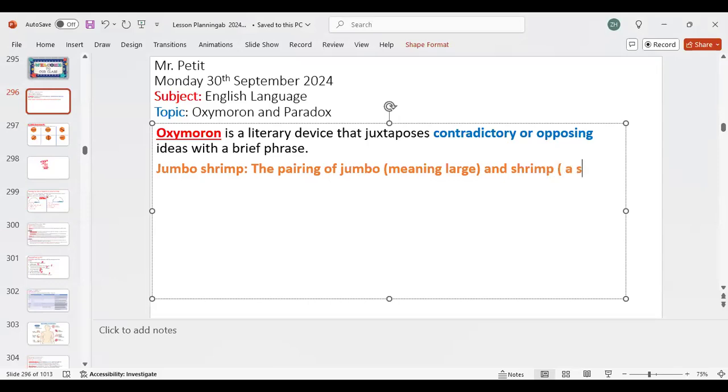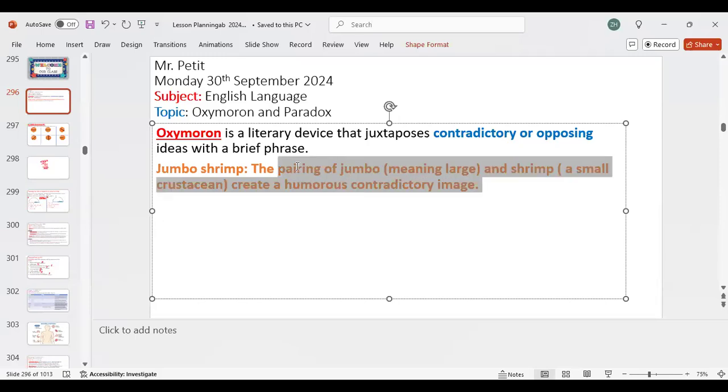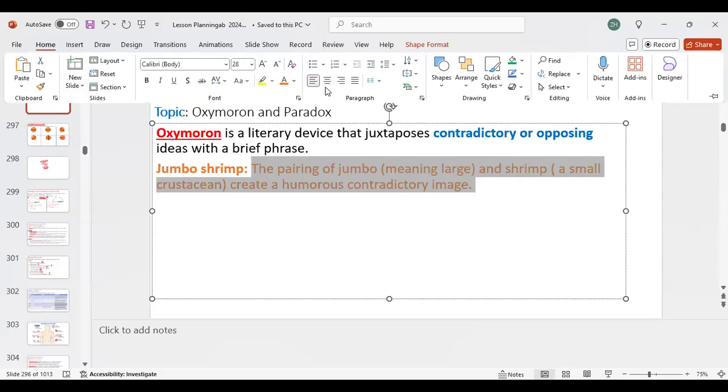A small crustacean. It creates a humorous, contradictory image.